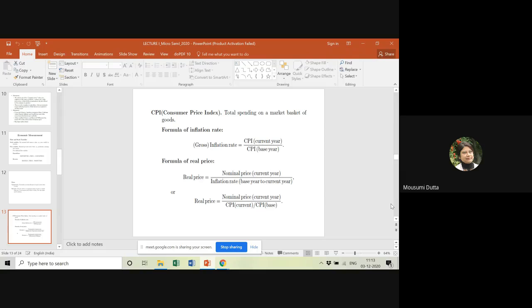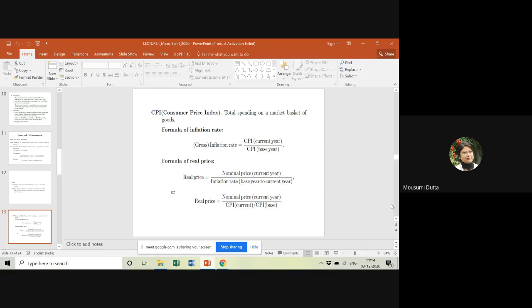Since there is some base price, we say this price is higher, lower, etcetera. So with respect to base year price, we have to compare the current price. So inflation rate is measured in that way.